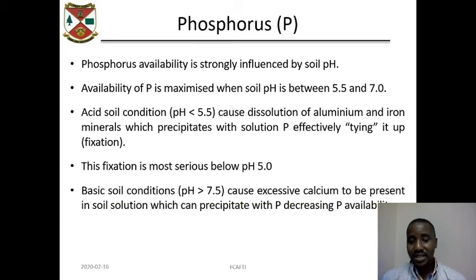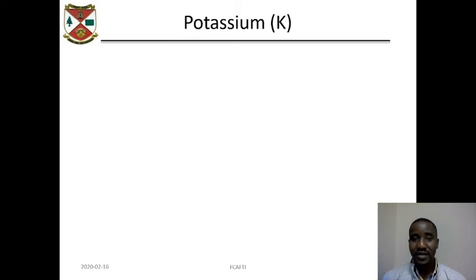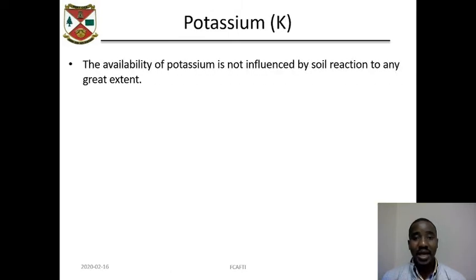Basic soil conditions will cause excessive calcium to be present in soil solution, which can precipitate with P, decreasing phosphorus availability. Now let us look at potassium. I'm very sorry. The availability of potassium is not influenced by soil reaction to any great extent.